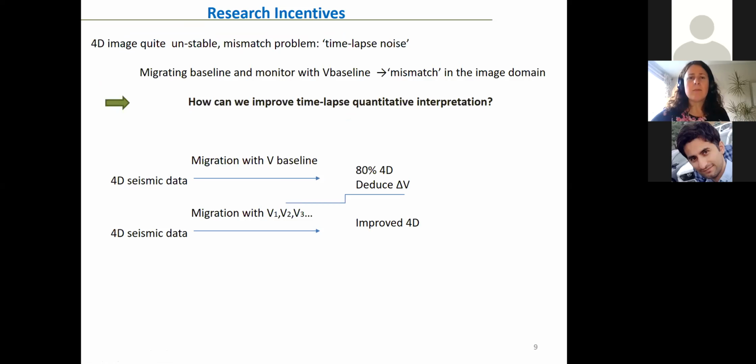So just to say, when we're looking at the problem of 4D imaging, if there is anything wrong with migration, we express this as a time-lapse noise. So typically what you would do is you have your baseline and monitor, but you migrate both volumes with the baseline velocity.